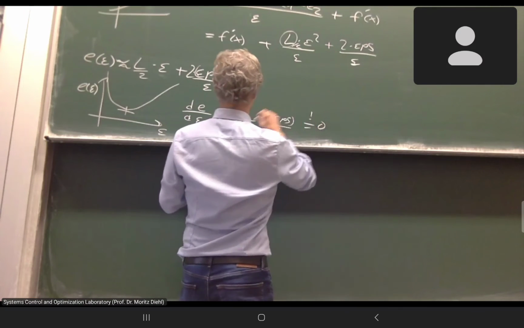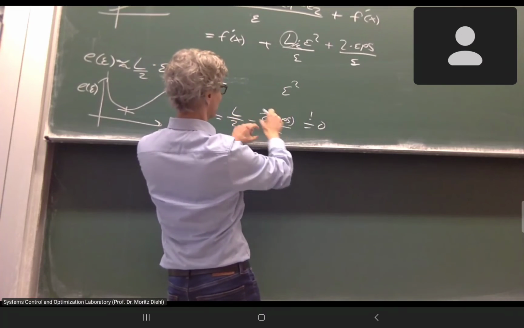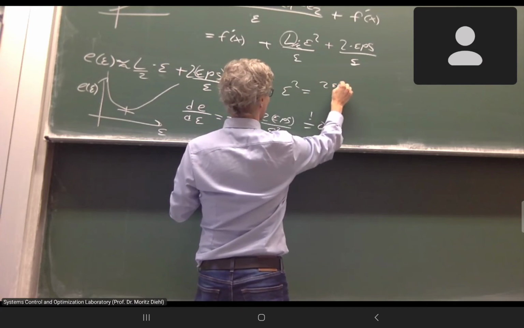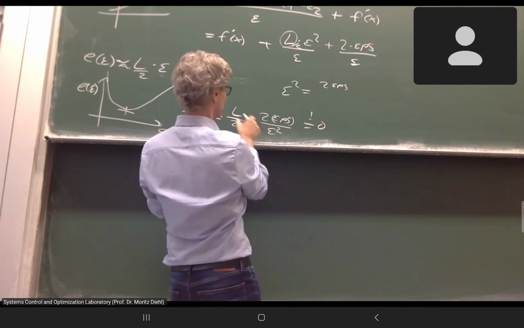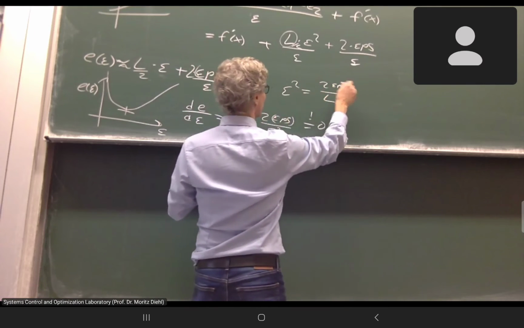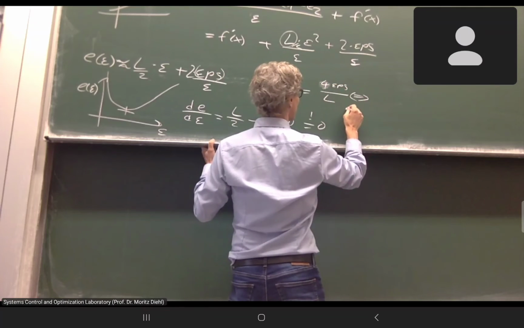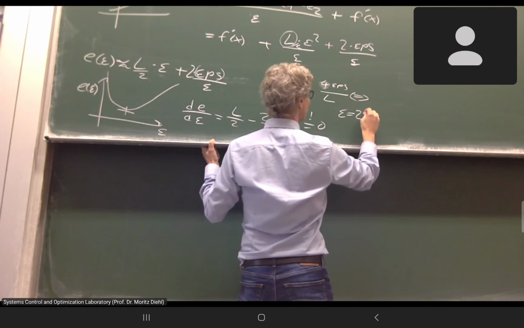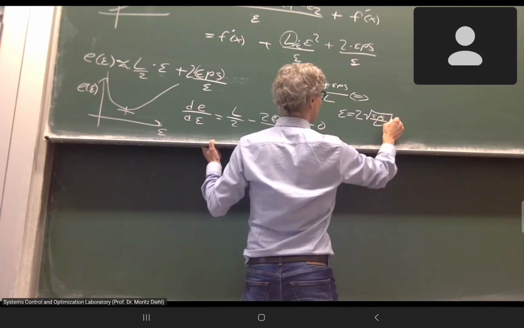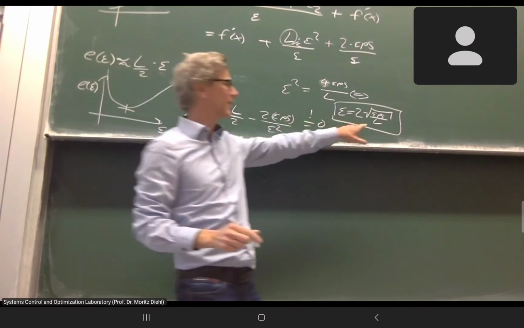And that means that epsilon squared is equal to 2 divided by L divided by 4 times x. And so you will just say that epsilon is equal to 2 times the square root of x divided by L. Well, that would be, let's say, if you accurately know machine precision, right?